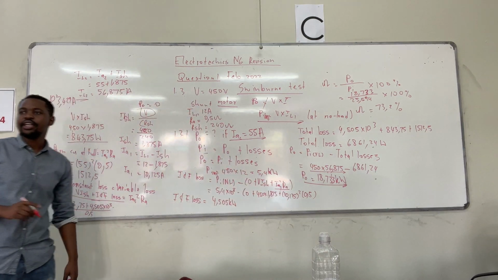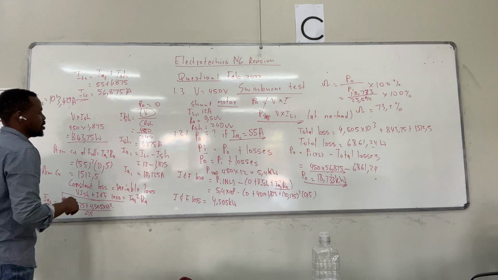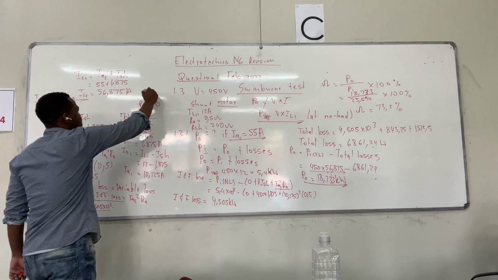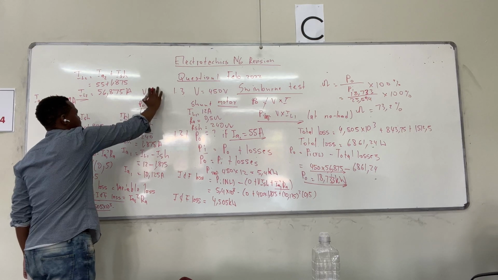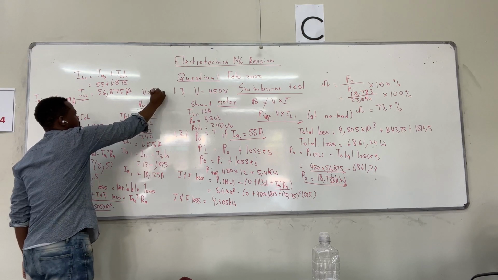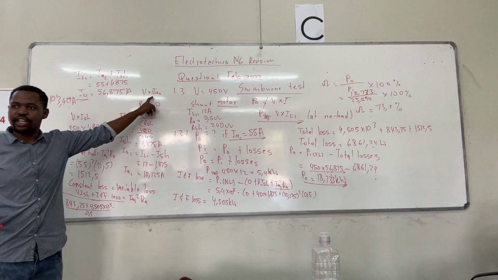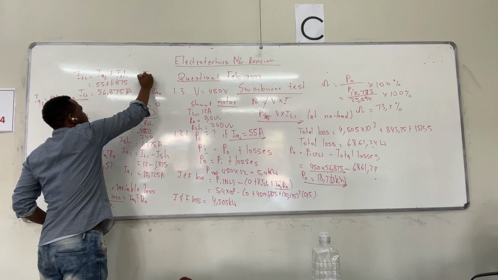And they made a mistake on that memo, from the beginning. This is not how you calculate armature copper loss, guys, please. Memos are made by people. Copper loss is a function of what?